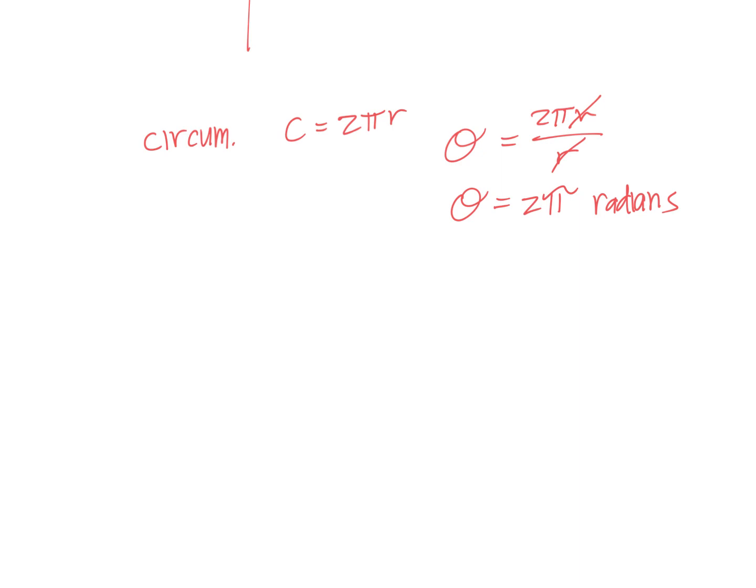So we have that the angle in a full circle is, sorry, not 365 degrees, 360 degrees in one full circle. But that's also 2 pi radians. We have a symbol to denote degrees, but we don't have a symbol to denote radians.